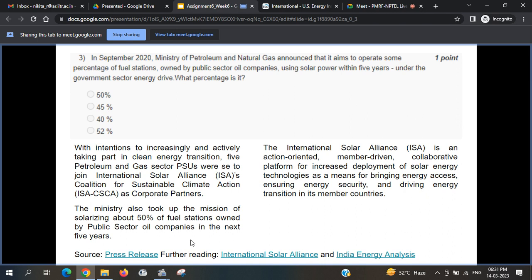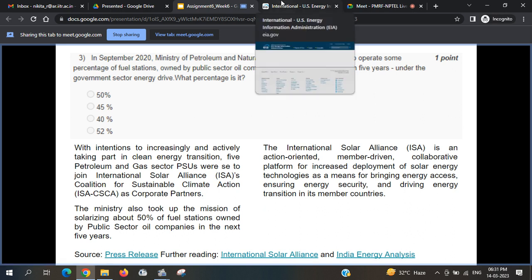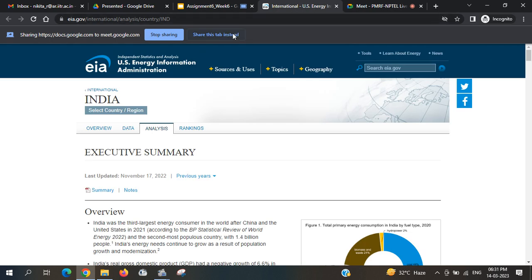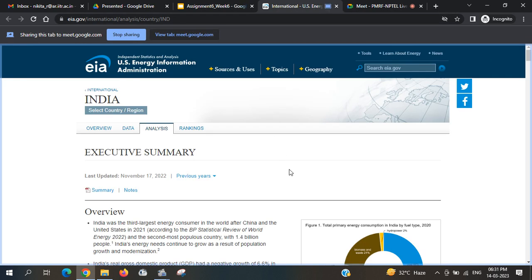But as a part of this question, we are talking about using solar power or transitioning to more renewable and cleaner sources of energy, so I wanted to share India's energy analysis with you also. This is a report by the US Energy Information Administration.